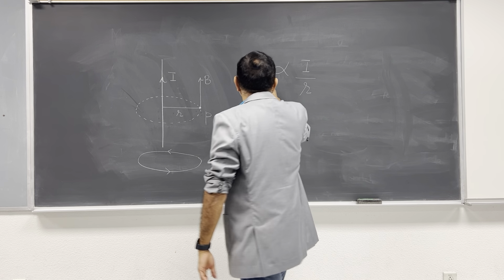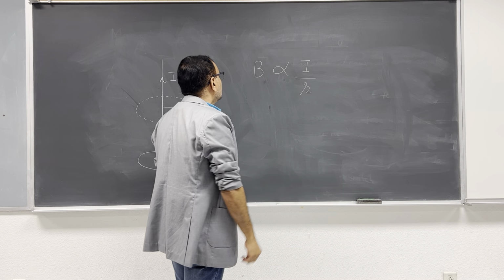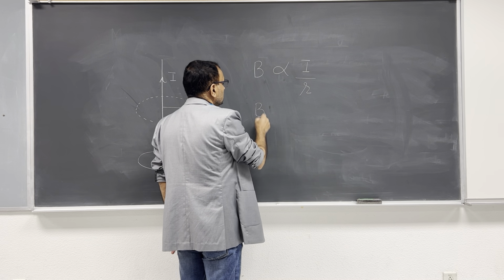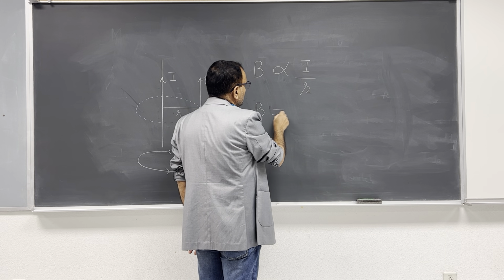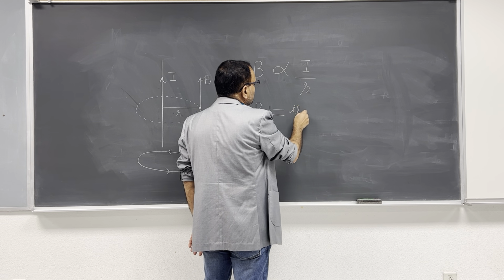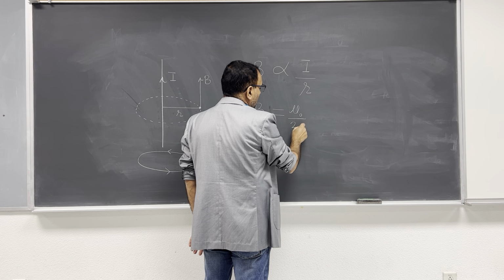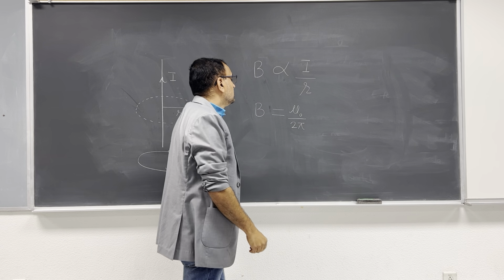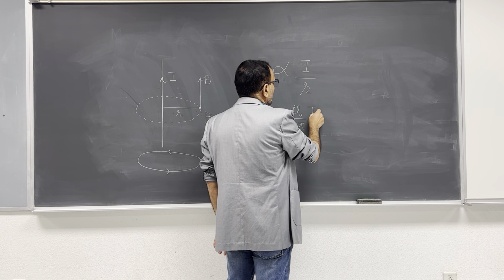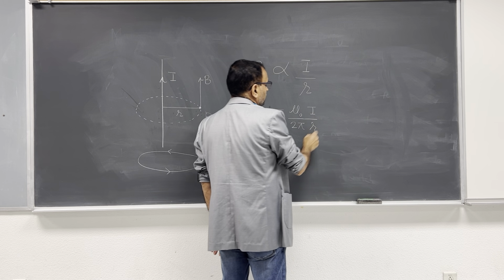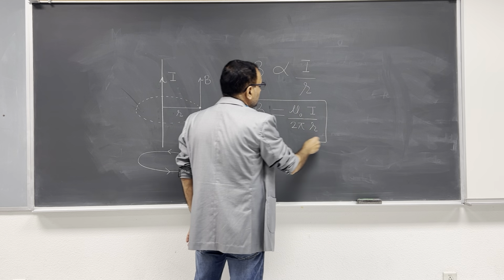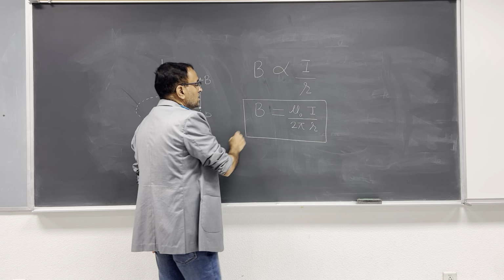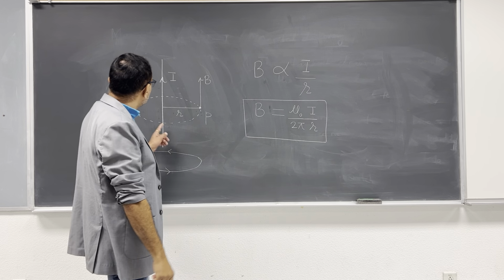Okay, so B is proportional to I over r. Then I want to remove this proportionality sign and put an equal sign here. So write down equals, and here mu 0 divided by 2 pi, this is the constant, times I over r. So this is the formula to calculate the magnetic field due to a current carrying conductor.